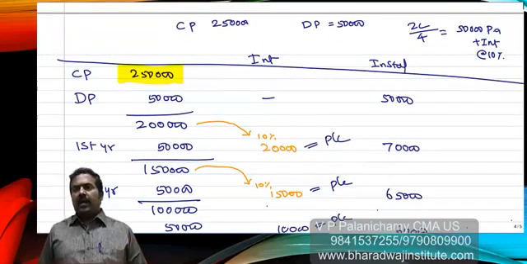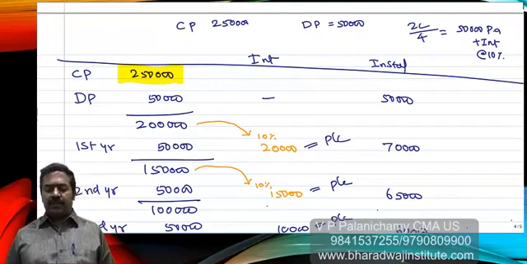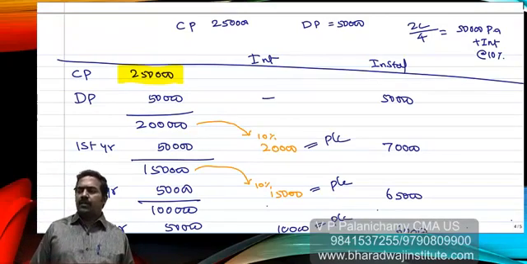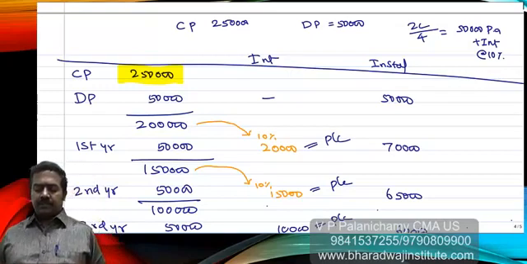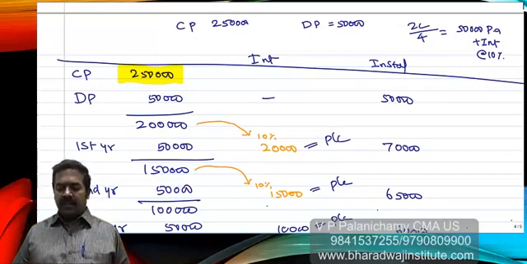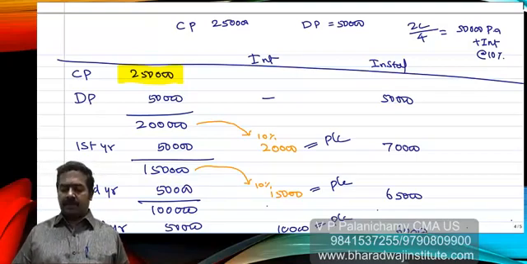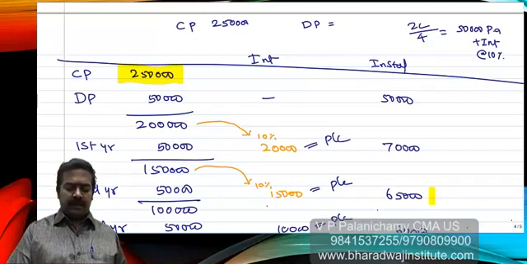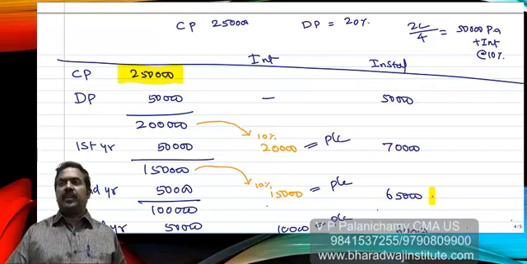Take up. Cash price 2,50,000. Down payment 20%. That will be 50,000.